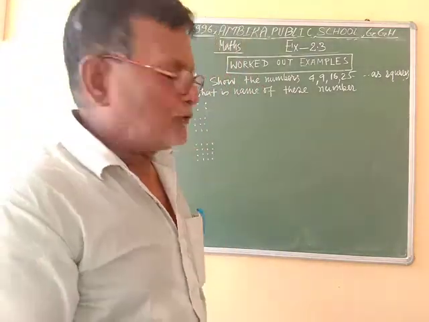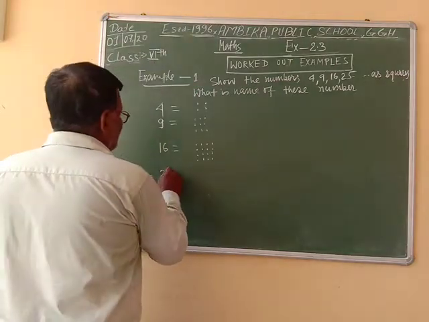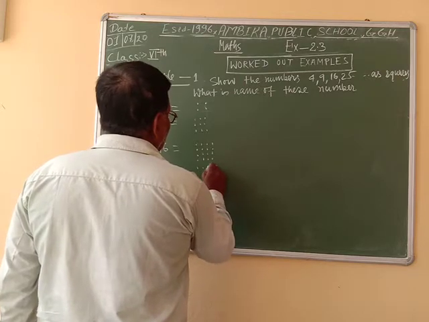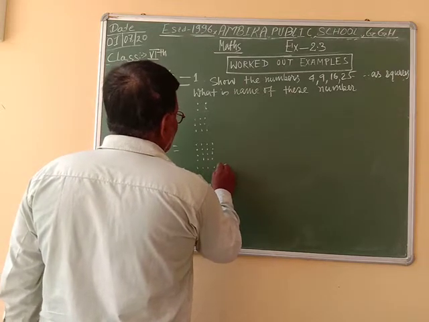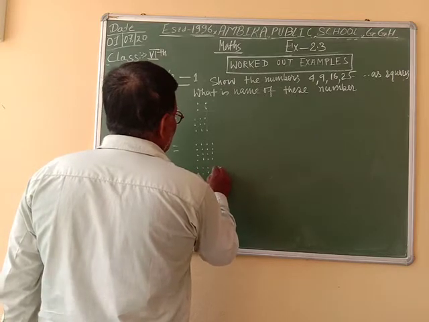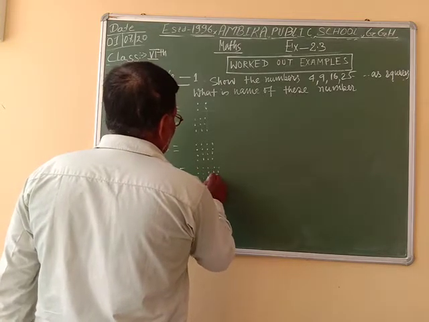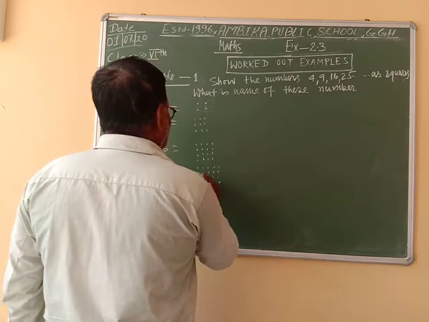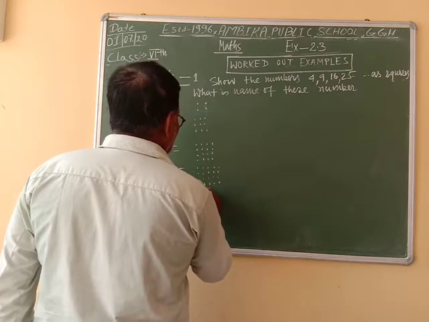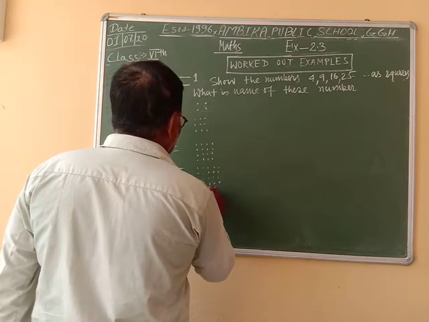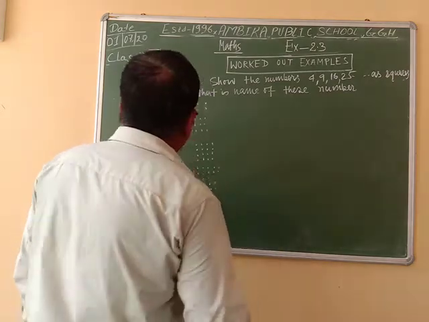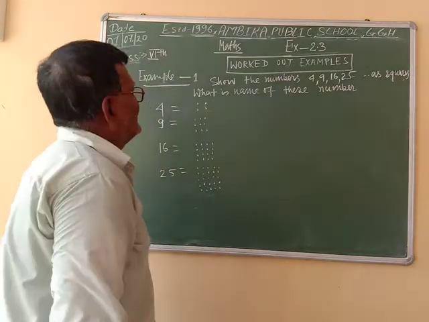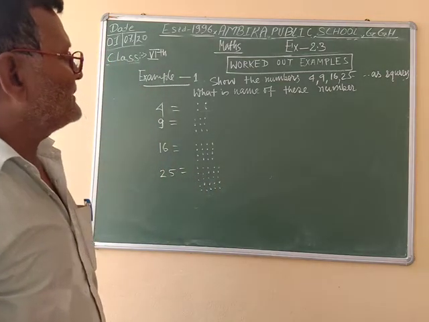Similarly, 25 dots make a square. So these are the square numbers 4, 9, 16 and 25 as squares.